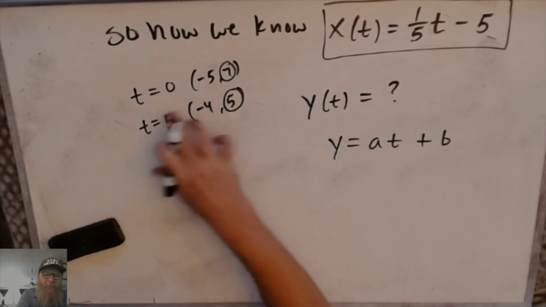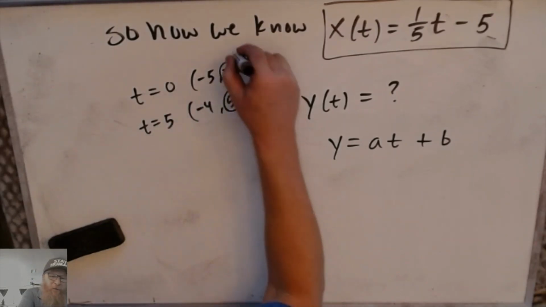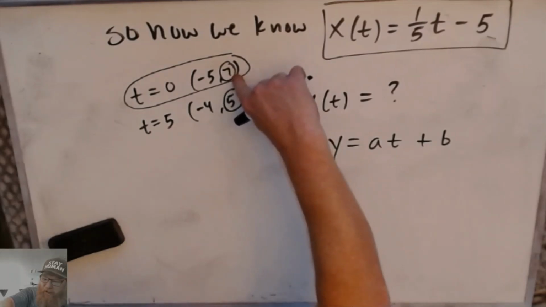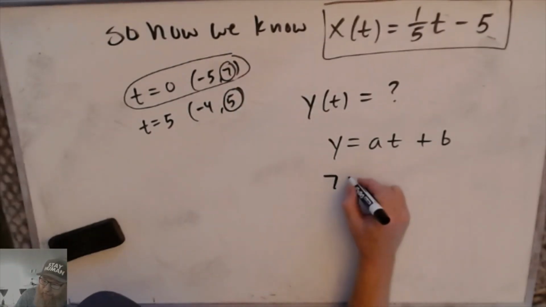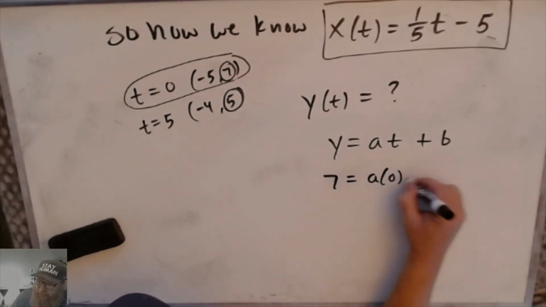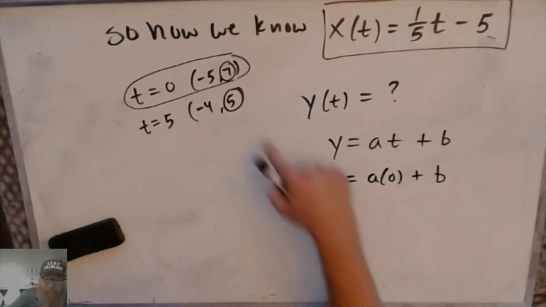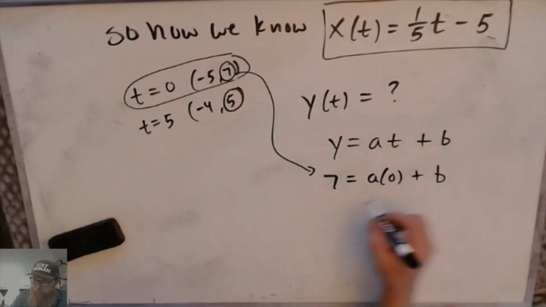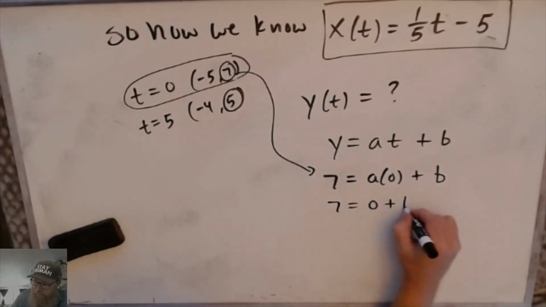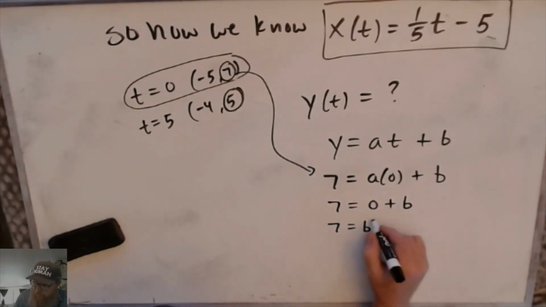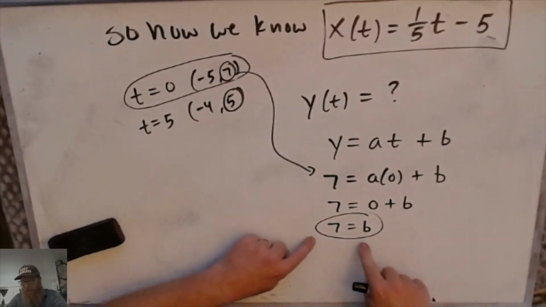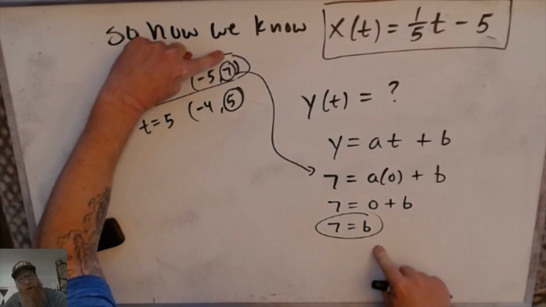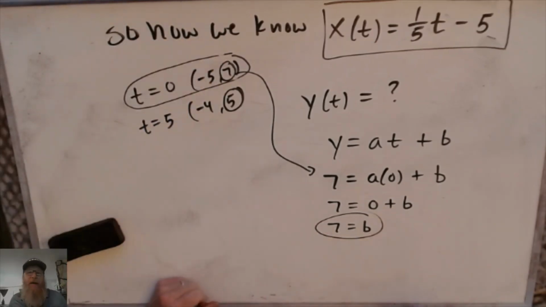You might notice a pattern here. When t is equal to 0, the b is automatically going to be whatever the y value was for the initial point. So this always happens when t is equal to 0, whatever the y value, that will automatically be your b.